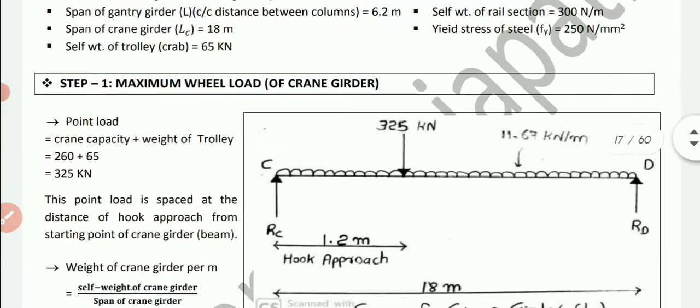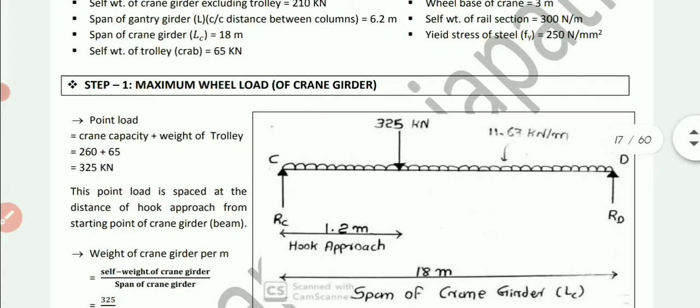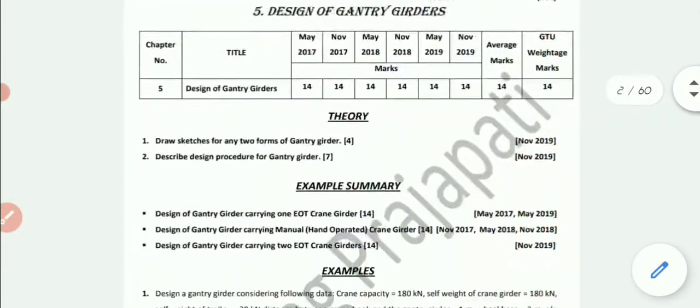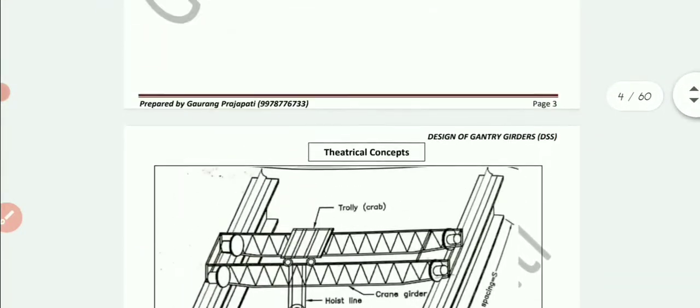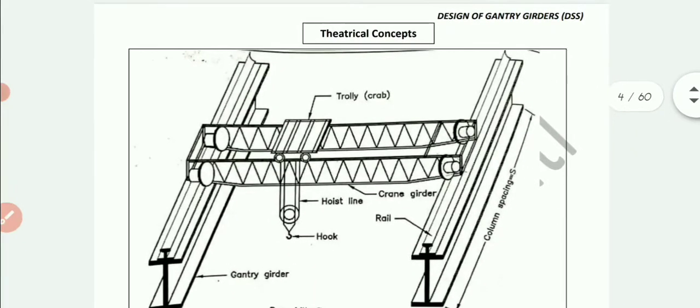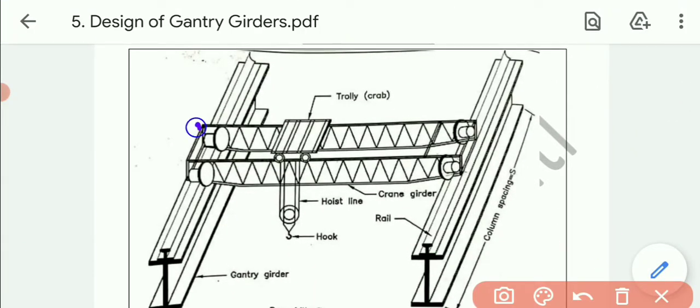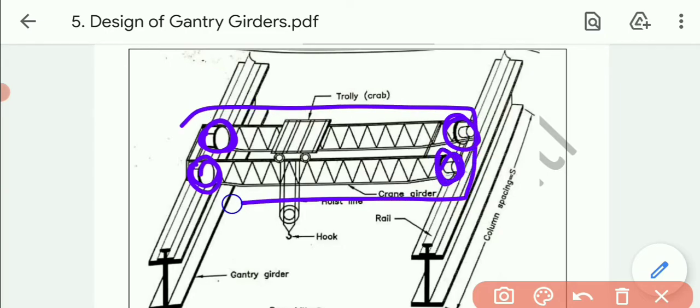So for the gantry girder, let's start the design with step number 1, that is maximum wheel load of the crane girder. Let me first show you the theoretical criteria sketch. Say this one is the crane girder. Right now we are going to calculate the wheel load of the crane girder over the gantry girder. So we need to take this whole crane girder as a beam section.